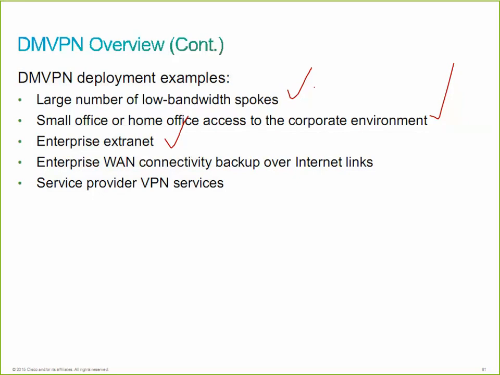We can still provide network segregation. So we can say, okay, in this case, I'm not going to allow spoke-to-spoke communication. I'm only going to allow communication through the hub. And we can actually do that through the DMVPN configuration. All right, so that's an example of an enterprise extranet.